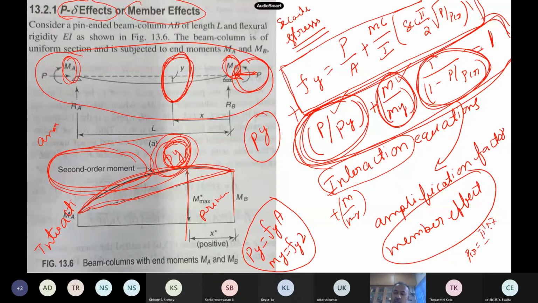This quantity is what we call the amplification factor or magnification factor. This is how the interaction equation looks for this case.